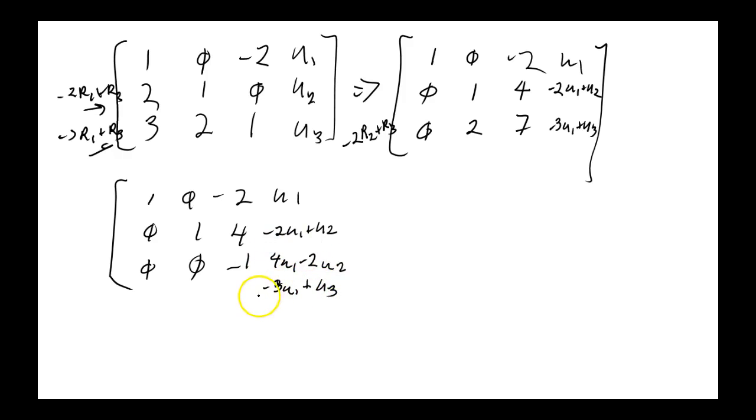If you add all those together, that gives you U1 minus 2U2 plus U3.